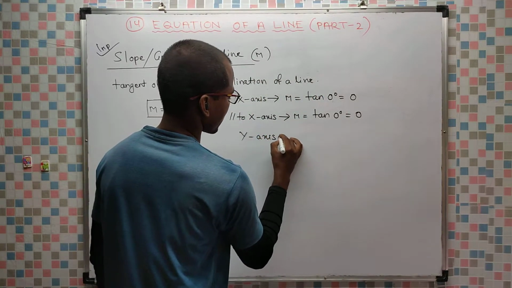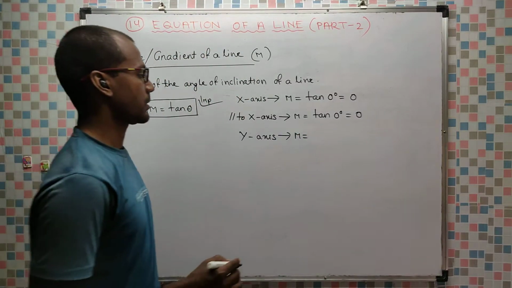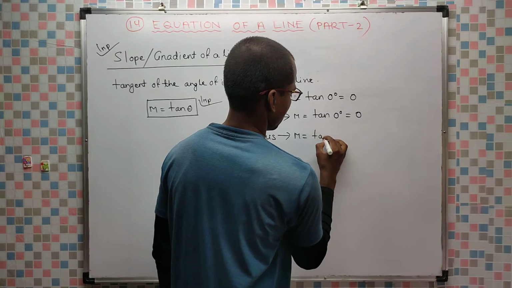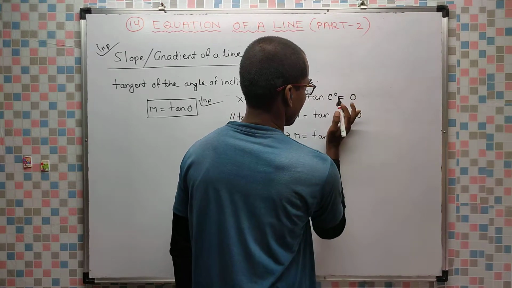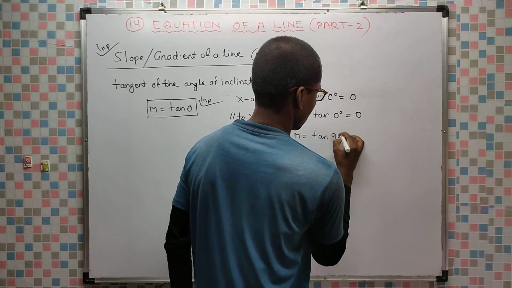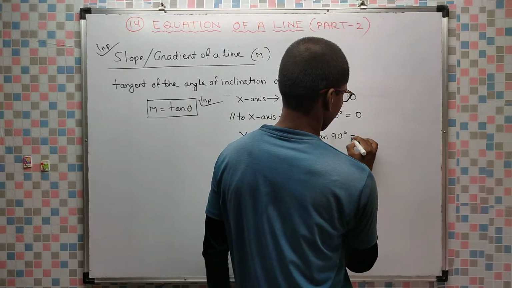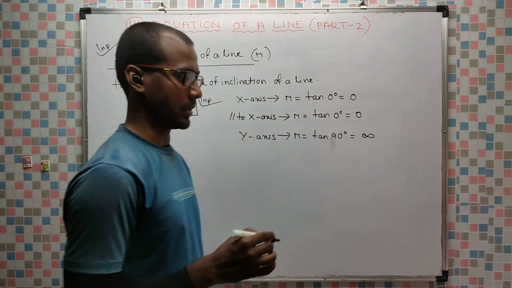If you take the y-axis, m will be tan theta, means tan 90 degree, because theta for the y-axis is 90 degree. Tan 90 degree which is not defined, or infinity.